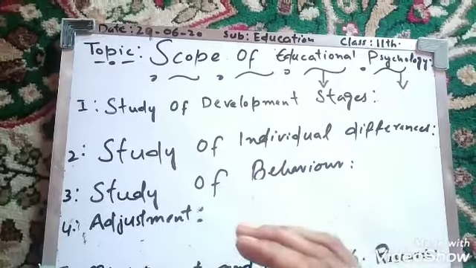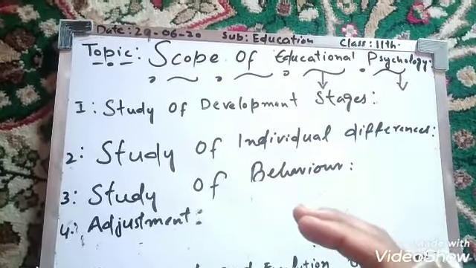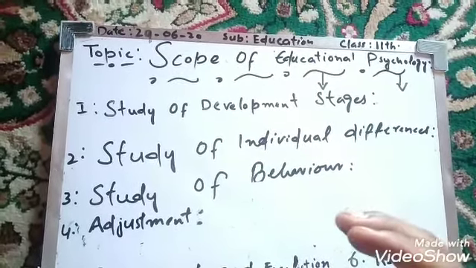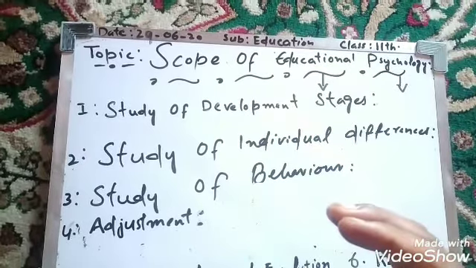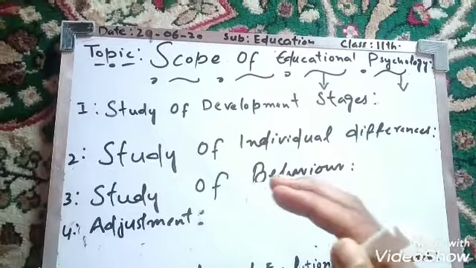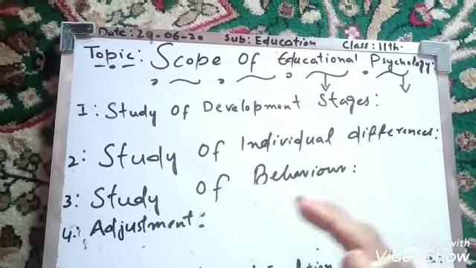Educational psychology helps teachers to know this rate of growth and development at different stages and teach the students accordingly. So this will help us to know the ability of the students and teach them accordingly.